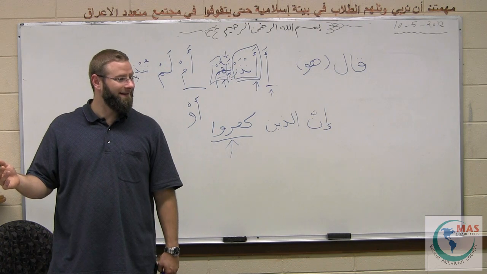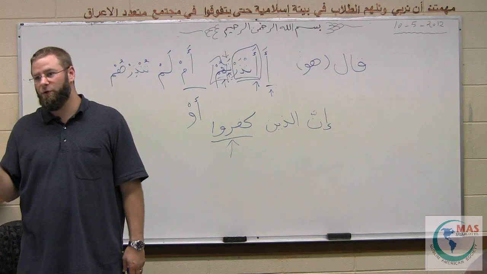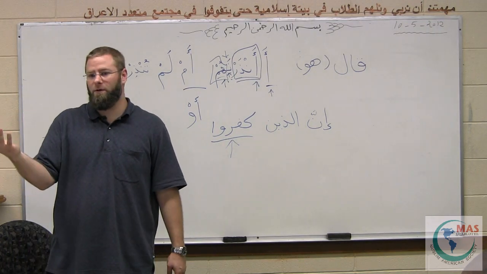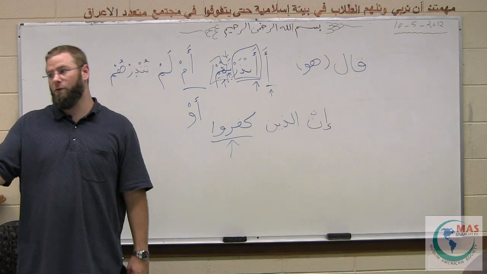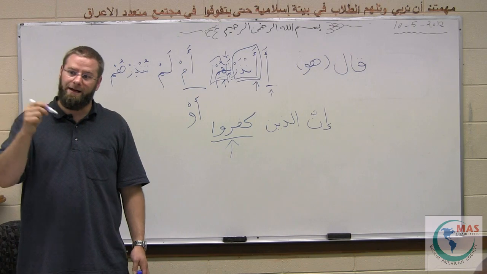Hummus or falafel. "Ana uhibbu hummus aw falafel." Whichever one you got, I like hummus or falafel. Whichever one you got, I'll like it. Because it's not in a question.